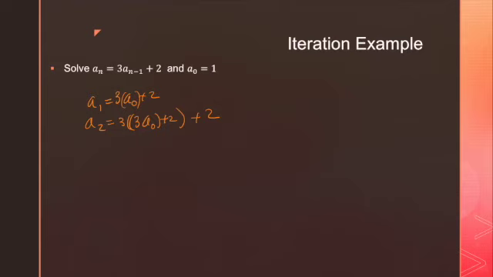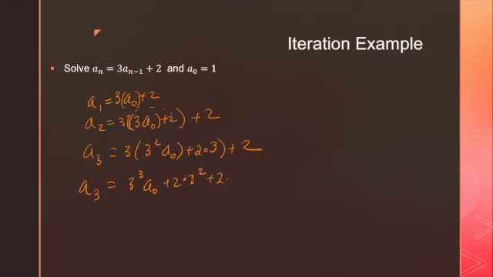Next, I have a sub 3 equals 3 times 3 squared a sub 0 plus 2 times 3, because we have to distribute that 2, plus 2. If we resimplify that, that's going to give me 3 cubed a naught plus 2 times 3 squared plus 2 times 3 plus 2.